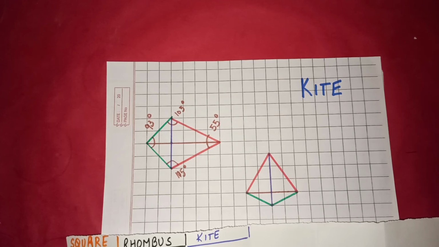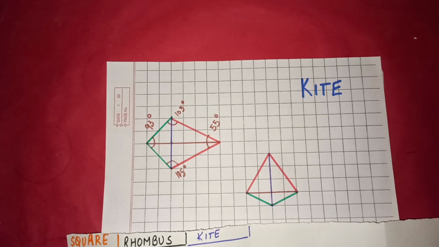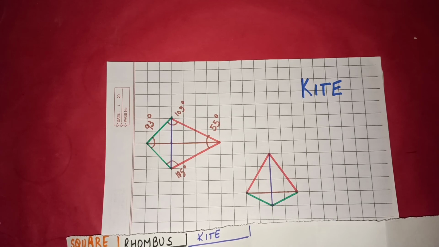So the only two conditions which are necessary are that the diagonals should cut each other at 90 degrees and one of the diagonals should be bisected.